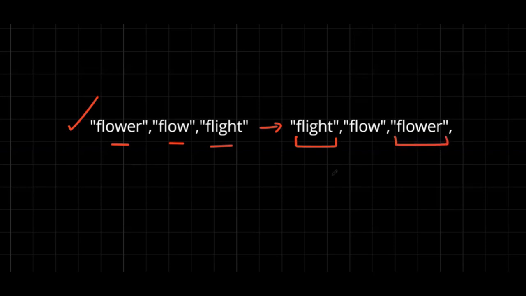We can say that the first two characters of the first string are "fl", and the first two characters of the last string are also "fl". So the basic intuition is, after sorting, we only have to look at the first and the last string of the input vector. Here, the first string is flight and the last string is flower.